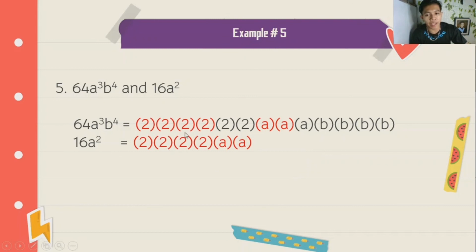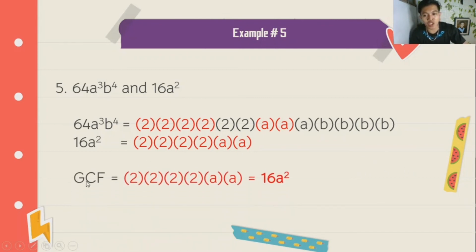Pareha silang may tig-4 na 2. Tama? Pareha silang may tig-2 a. So, lista mo lang yung pareha sa kanila. GCF is equal to 2 times 2 times 2 times 2 times a times a, for a total of 16a squared. So, yan na yung GCF ng ating given.